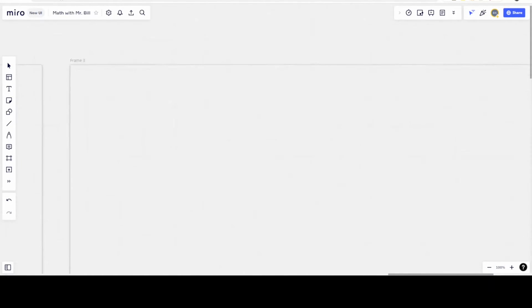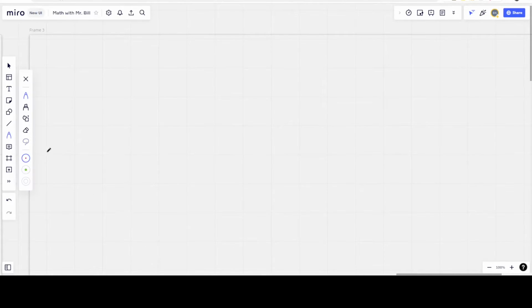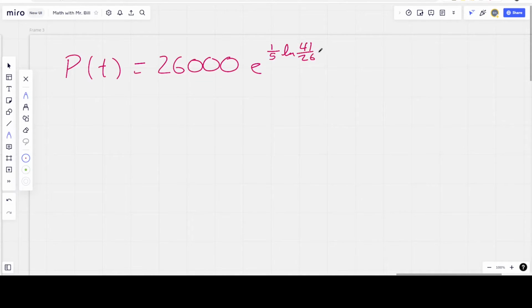We've got one more bit to do with this problem. So I'm going to write up our full equation here. So P of t is equal to 26,000 e to the k, which is 1/5 times the natural log of 41 over 26, times t. So part B to this question asks, when will P equal 100,000?